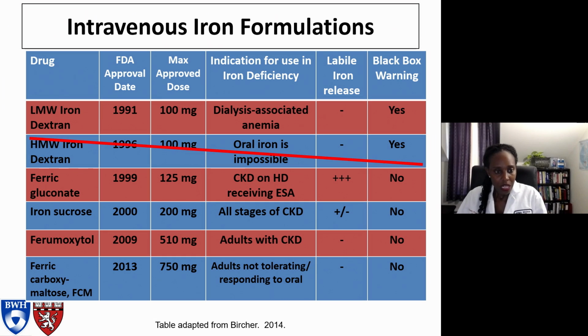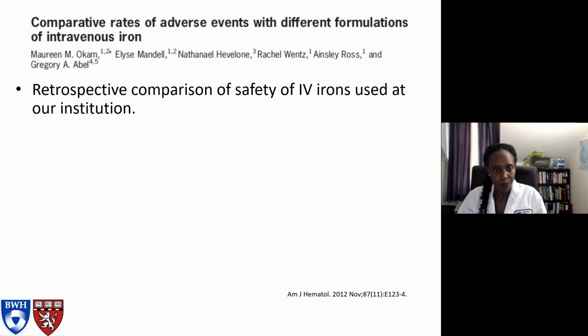Of these, the high molecular weight iron dextran is thought to be associated with the fatal anaphylactic reactions that are linked to iron infusions. Therefore, we do not give high molecular weight iron dextran. It is hardly on the market, and the ones that are on the market are safe.